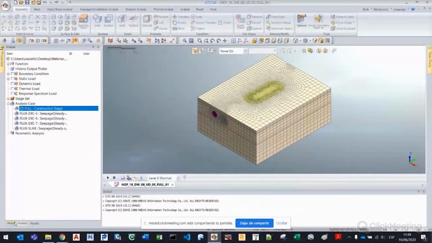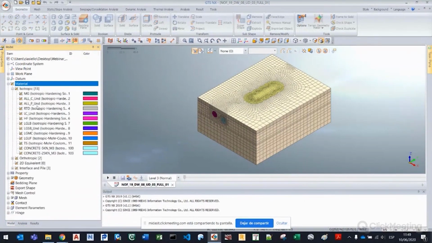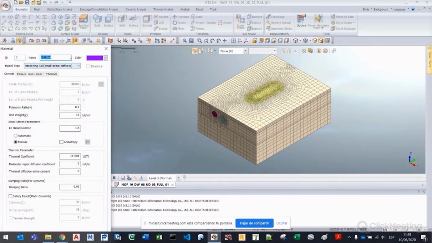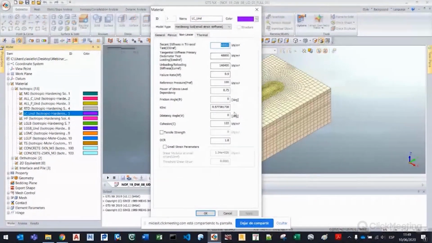Also, you can do it in your definition of the material. You come here, in non-linear. Here you have the small strain parameters, which I do not use in this case, because in this case it is undrained behavior, and so we are considering it without small strain.